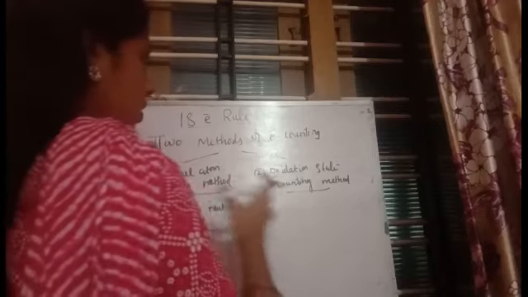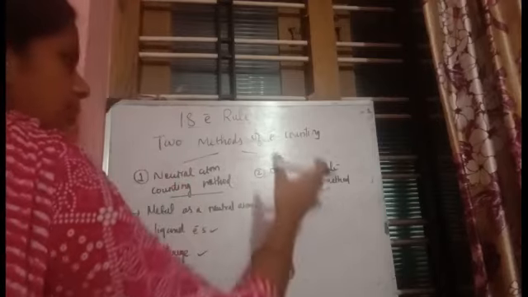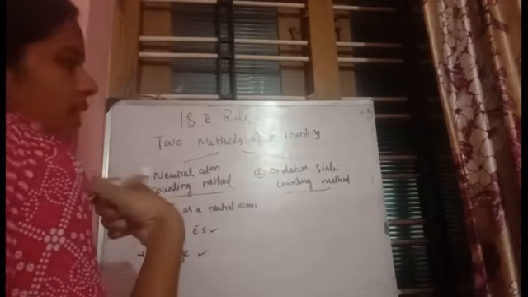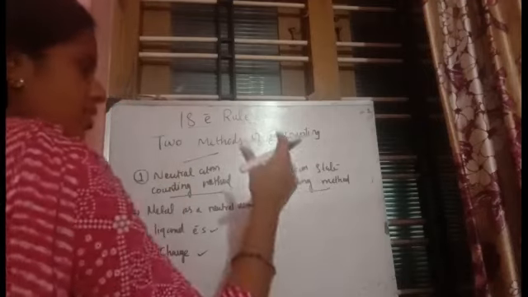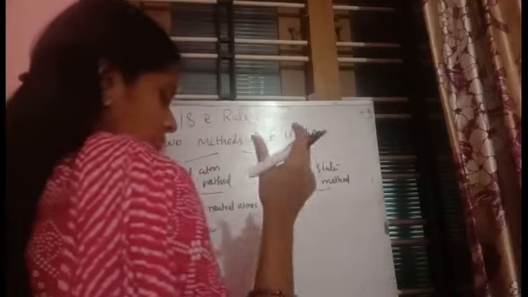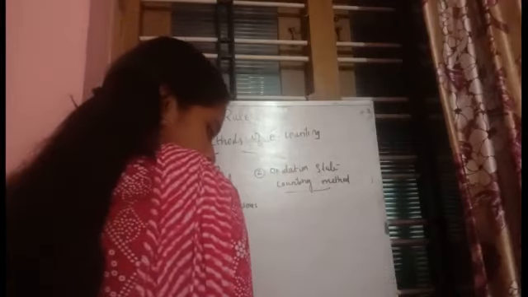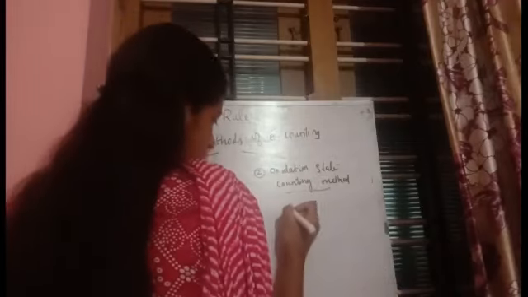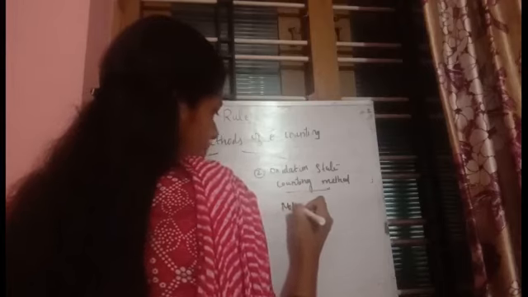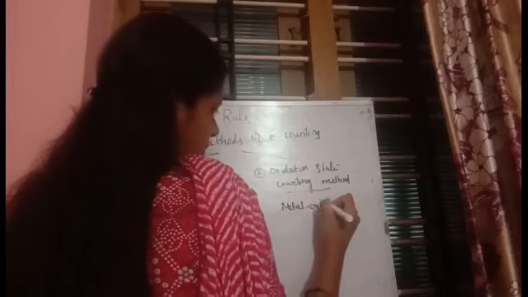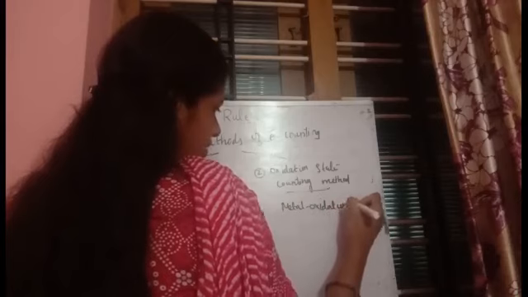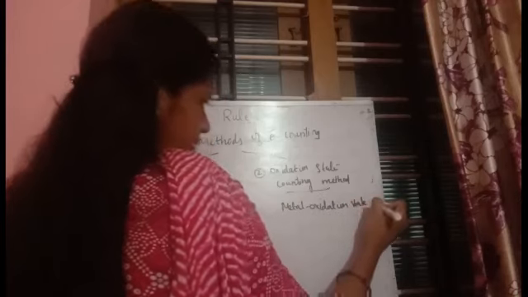It is just the opposite of the neutral atom method. Here you have to calculate the oxidation state of the central metal, so the metal oxidation state is taken.